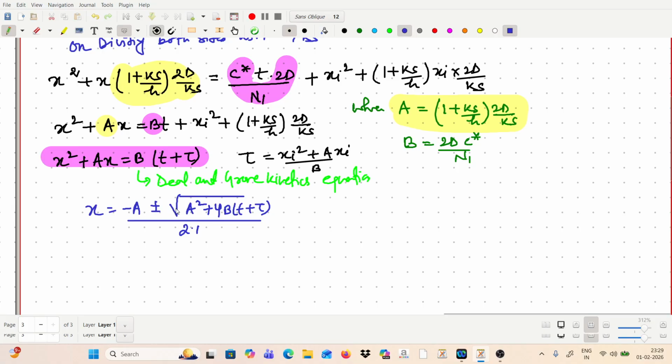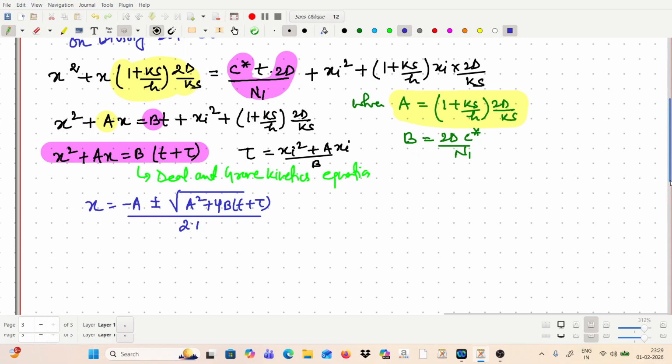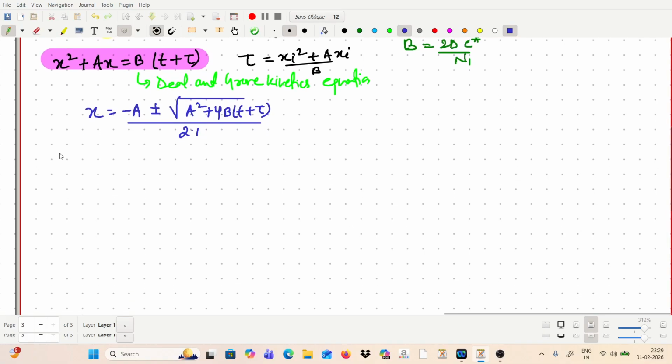Okay, now we have to go for two considerations, two cases we can say. Oxidation for a very small time, or t tends to 0.